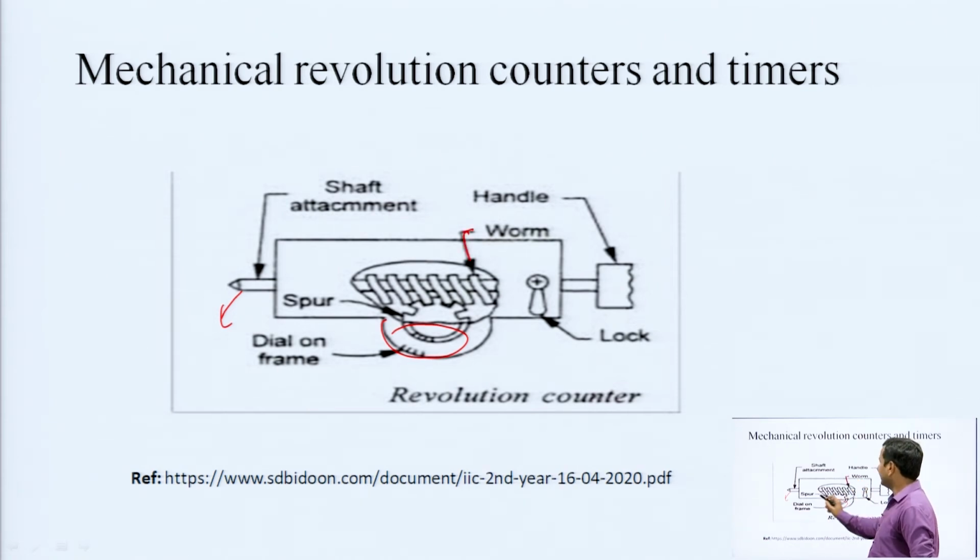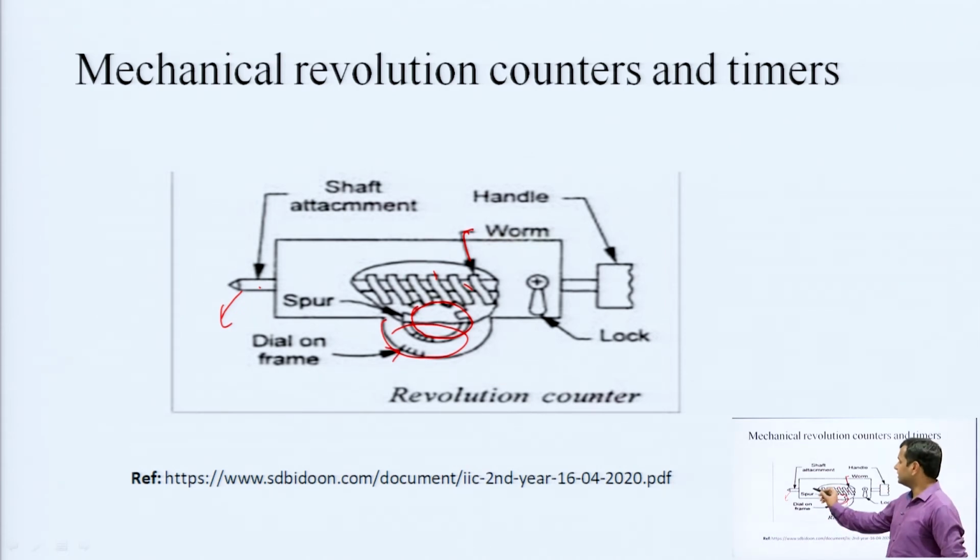When our shaft rotates according to the speed of that shaft, the worm also rotates, and when this worm rotates, the spur dial connected with this worm also rotates, and we get the reading on the dial on the frame.